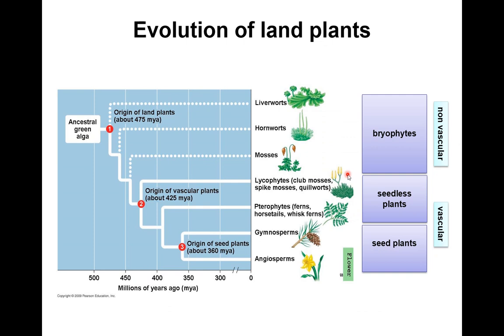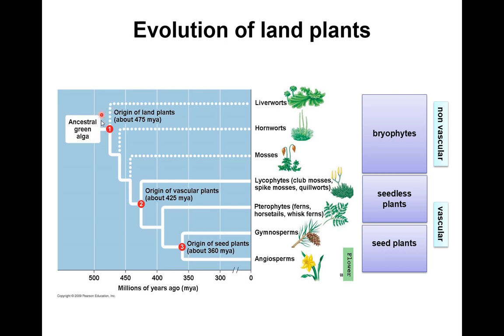So this is a picture I already showed in the other lecture that summarized the evolution of plants, just to remind you. So the first land plants would have appeared on Earth around 500 to 450 million years ago, starting from an ancestral green algae.